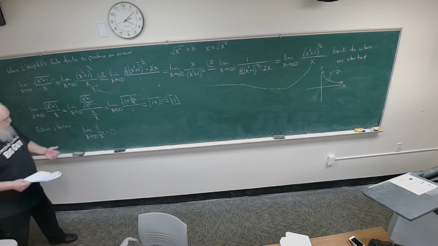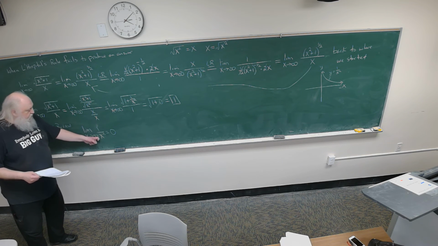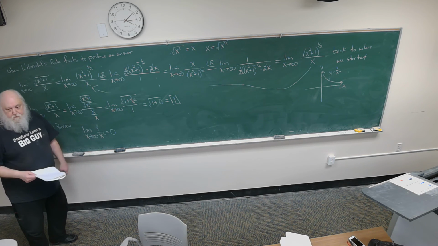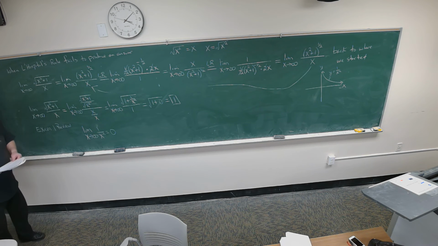Limit as x increases without bound, 1 over x squared is 0. Those are the kinds of things that you always got to remember. All right. We're almost done with this section. We got 2 more examples.